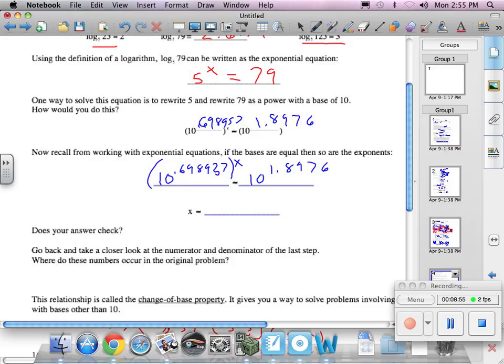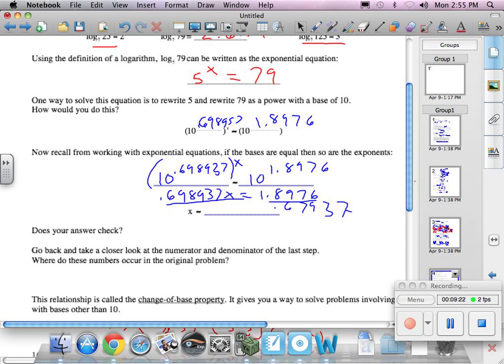Now, if I know this is true, if the bases are equal, then the exponents must be equal. So 0.69897x must equal 1.8976. Divide by that number, and I'm going to get a number.